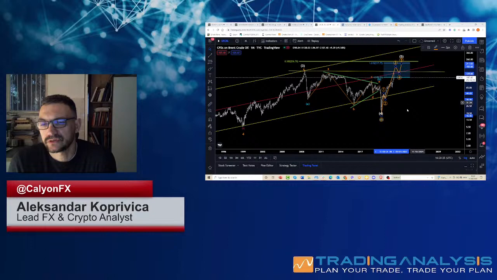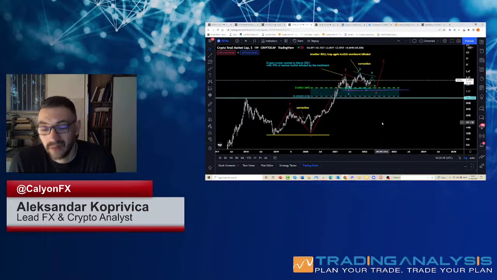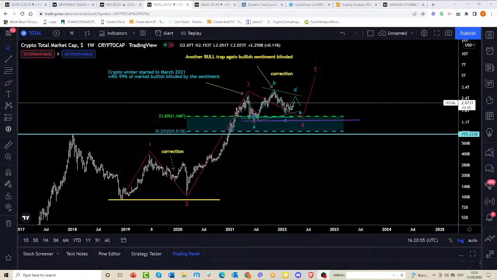So let's switch to cryptos. As you know, I always show you this total crypto market cap chart. It's behaving as we were looking for already a couple of months, even I would say a year. We are still trading in a very sideways manner. We consider this to be a wave 1 and 2, up in 3, consolidation in 4.